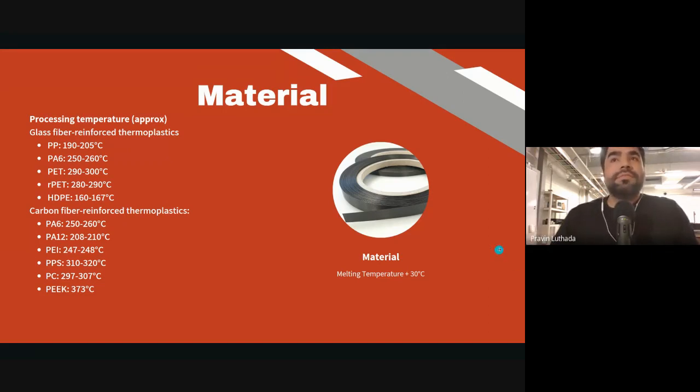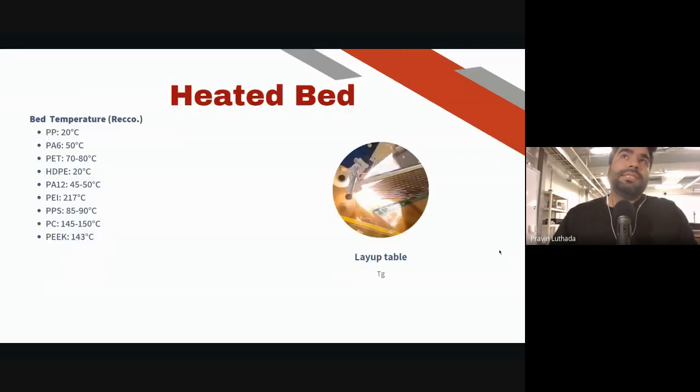The next thing is the heating of the bed. As most of you might at some point have used a common 3D printer with a heated bed and non-heated bed, you would see warping happening.